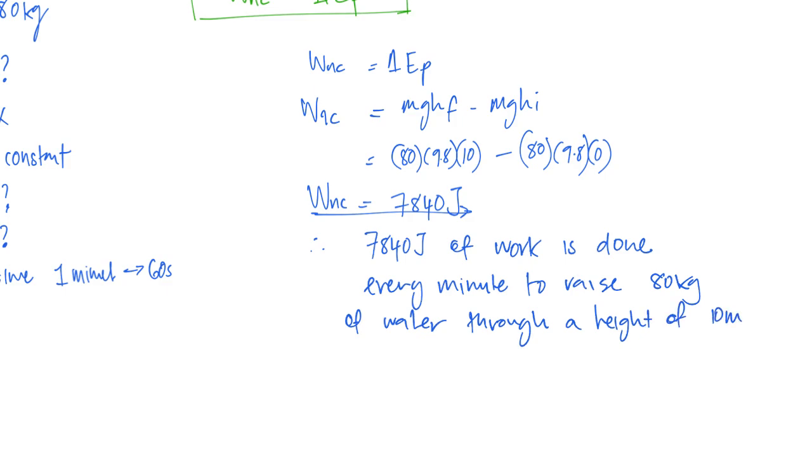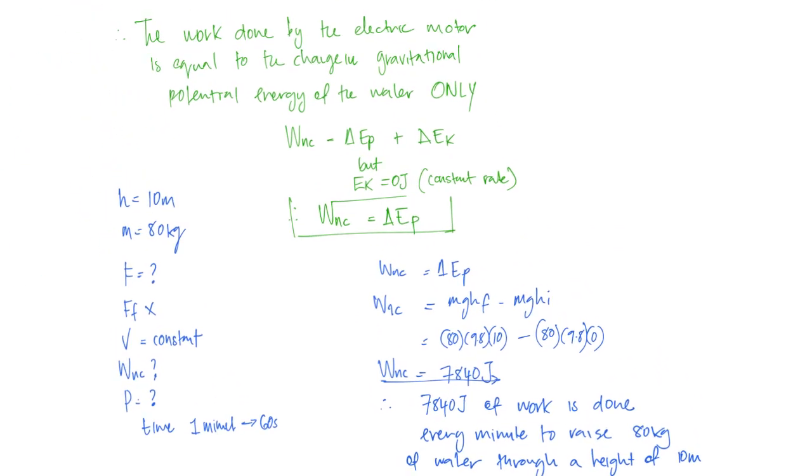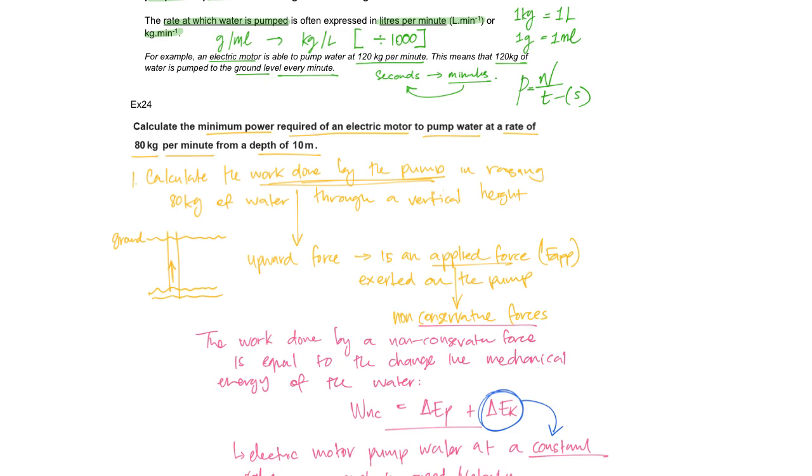Alright, so that's the work non-conservative. What they want from us essentially is to calculate the minimum power required.